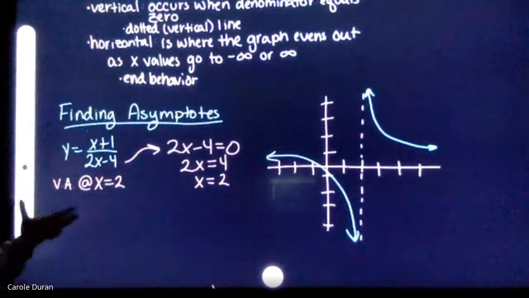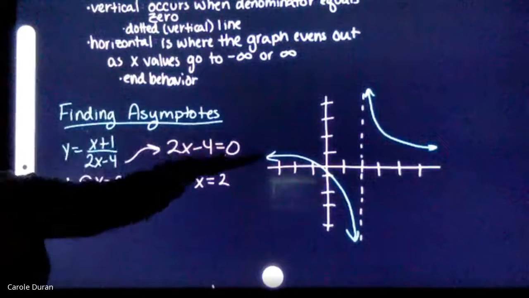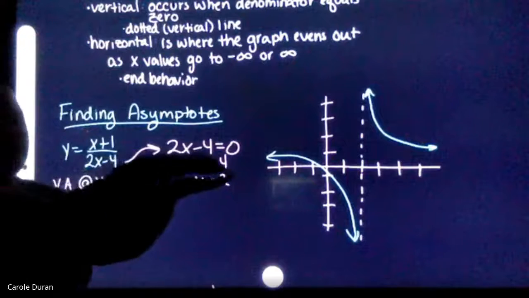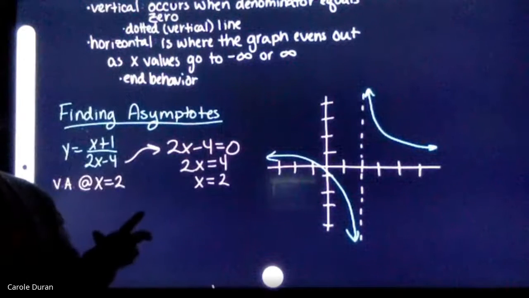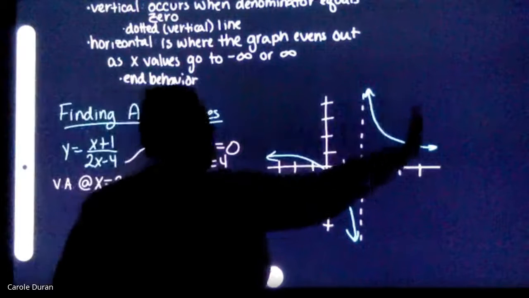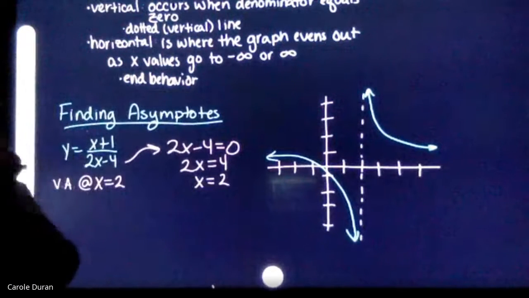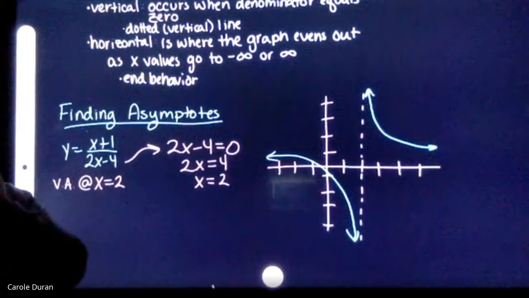So when I'm talking about horizontal asymptotes, I like to think about a horizontal line that my graph just kind of creeps up to and gets really, really close to, but never actually gets to. So if I'm looking at just the right side of this graph, is my graph evening out somewhere, or is it going infinitely down to negative infinity?